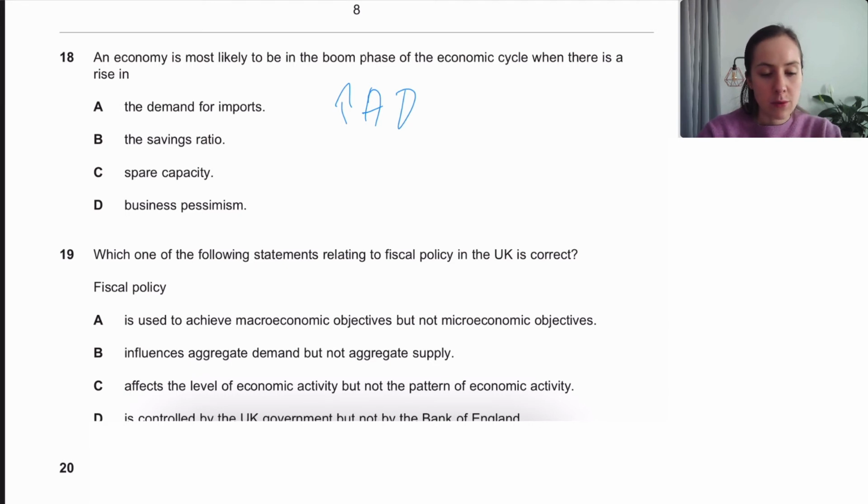So more imports is actually going to harm AD, so I think that's not the case. More savings, again, less consumption, less AD, I don't like that one. More spare capacity means that people can produce more goods eventually.